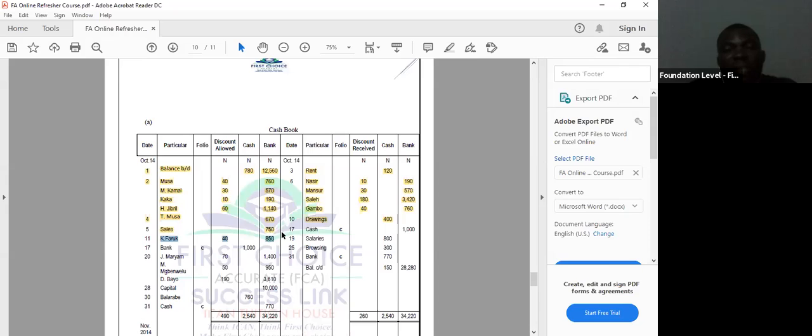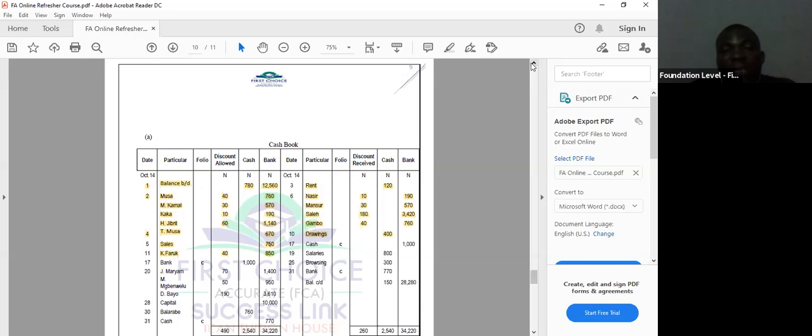Now, since it's by check, it's going to be under the debit side, and 40 will be under the discount allowed, while the bank is 850. 850 plus 40 will give us the 890 that he is expected to pay us initially, but he is not paying 890 because he is paying earlier than expected.